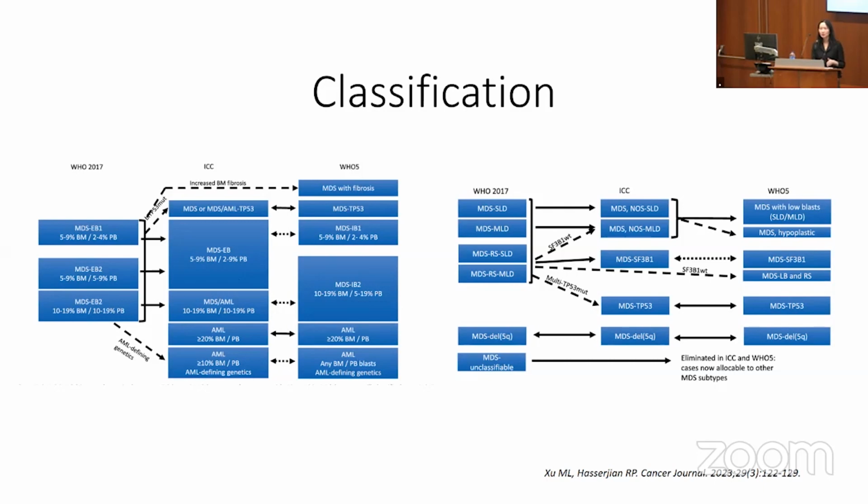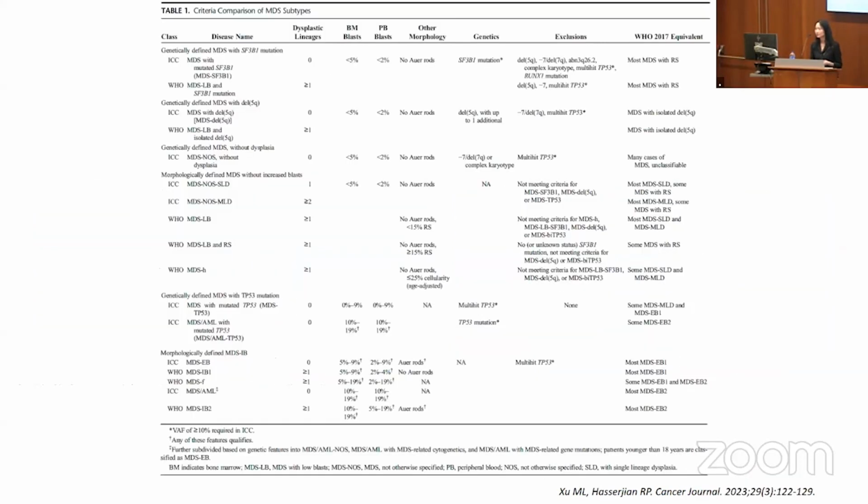Essentially, this patient's diagnosis will remain about the same. It is MDS with excess blasts. And we had a review paper that Dr. Zaiden actually pushed us to write, in which you can see how these categories are shifting because of the increase in scientific data that we're getting. This is more about the classification.